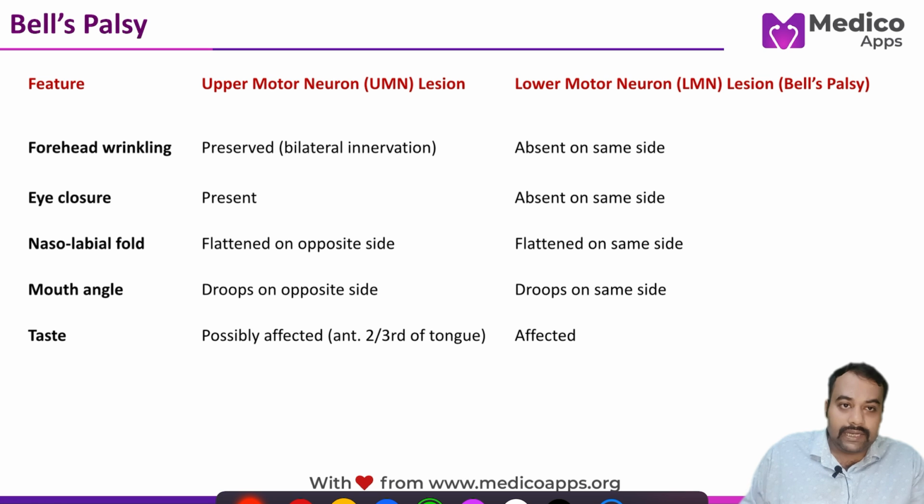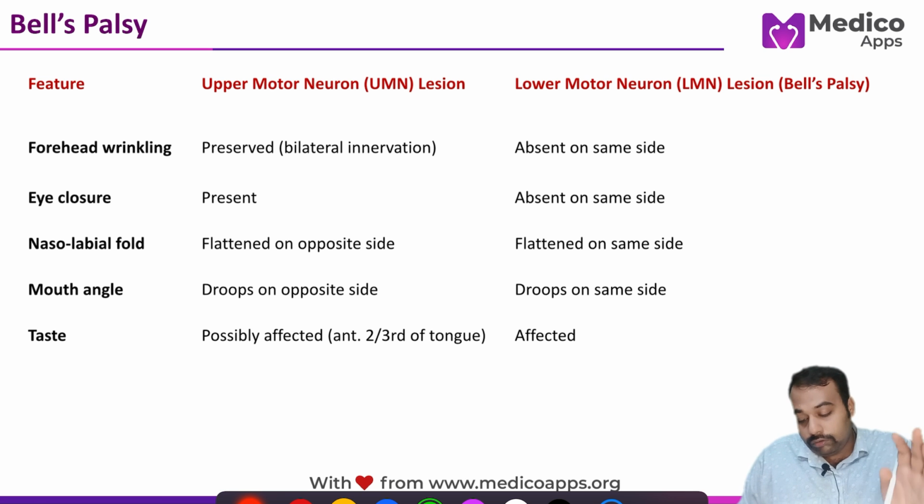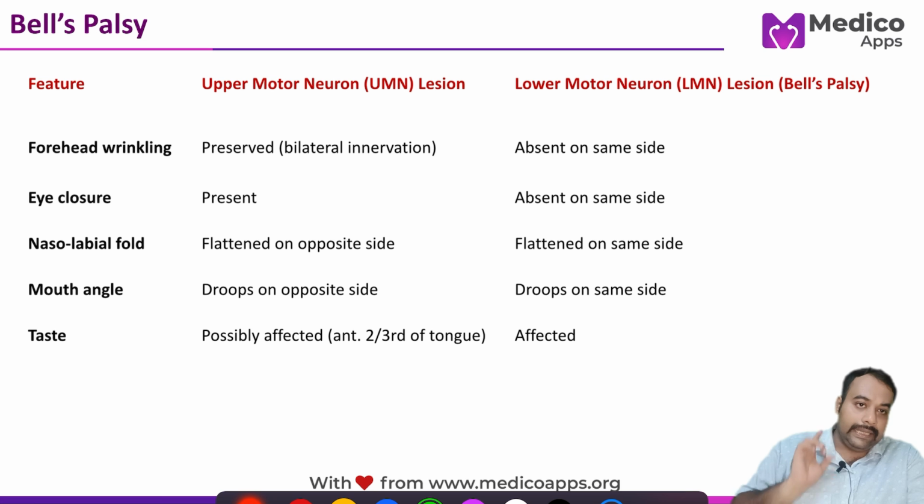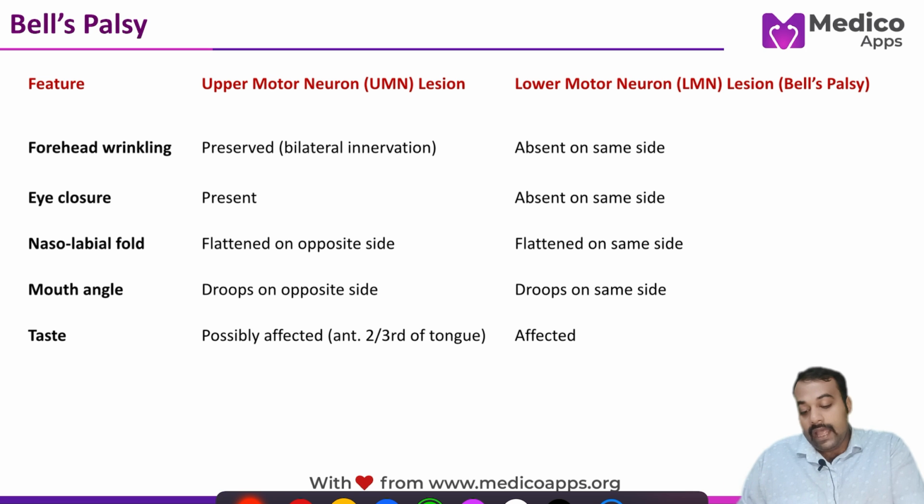Here you need to know the differences. What are the basic differences between the upper motor neuron lesion and the lower motor neuron lesion? Look, the facial nerve is basically divided into two parts, right? In case of upper motor neuron lesion, the part supplying the upper part of the face will get preserved, while in case of lower motor neuron lesion, both the upper and the lower part of the face will get affected, and that too on the same side.